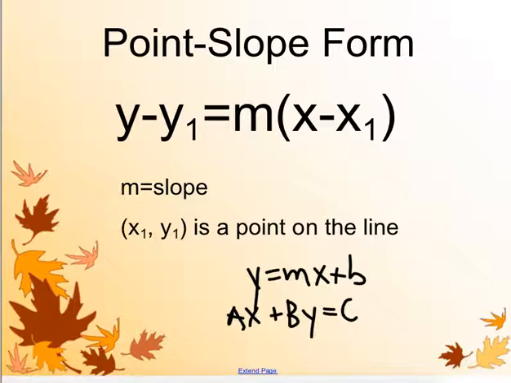And we say it's y minus y1, which is the y-coordinate in our point, equals m, our slope, times the quantity x minus x1. Once we plug everything in, the y and the x will stay as our variables because we will be able to plug those in to find all of the different points on our line.